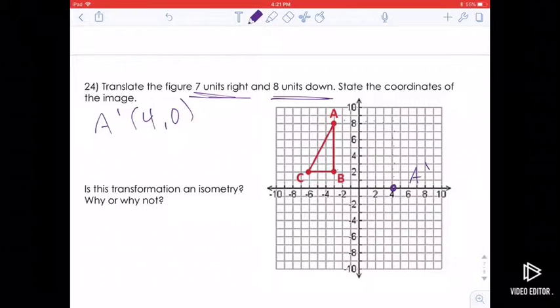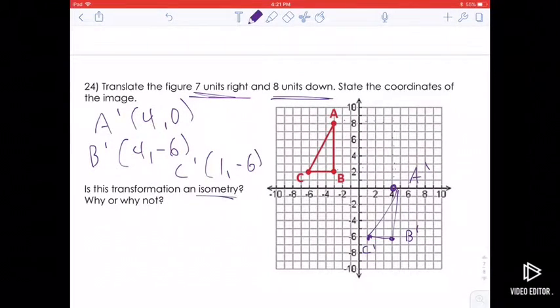B prime is going to move 7 units right and 8 units down to put us right here. B prime, that's at 4, -6. And C prime is going to move 7 units to the right and 8 units down. That should put me at 1, -6.